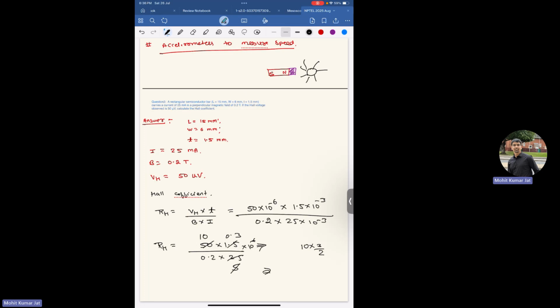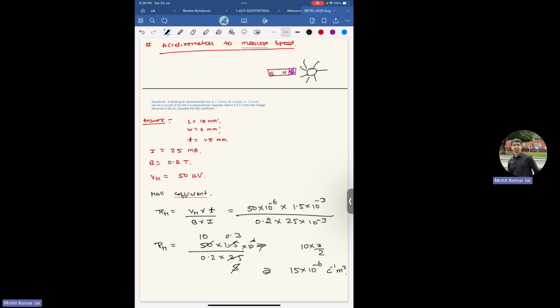So this 3 by 2 is 1.5. So it will be 15 into 10 power minus 6. And it will have dimensions of 1 by NE, so meter cube per Coulomb.